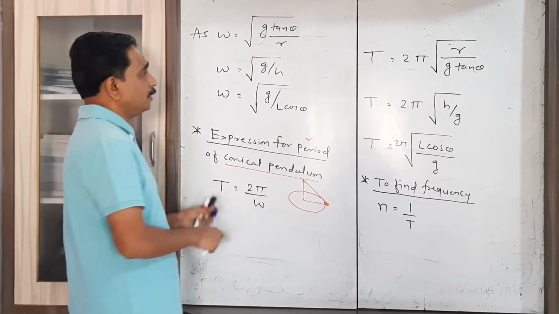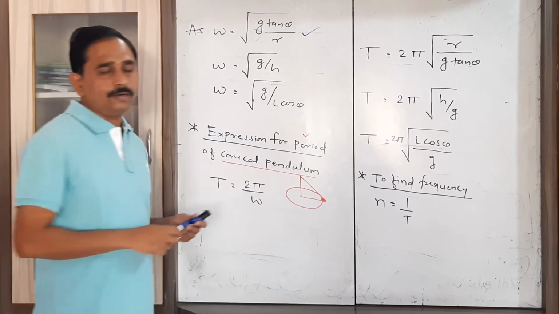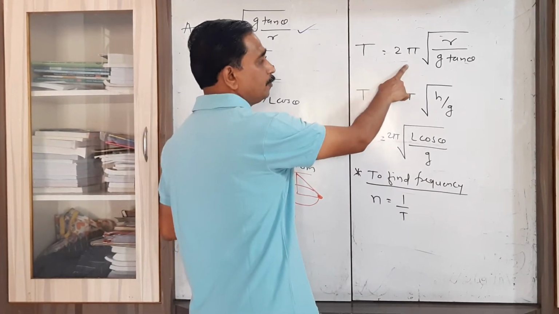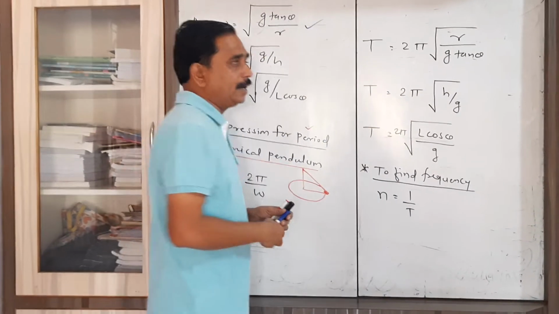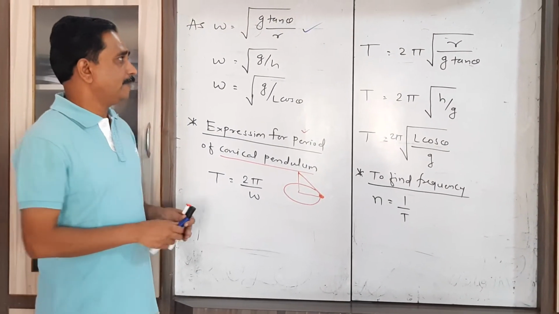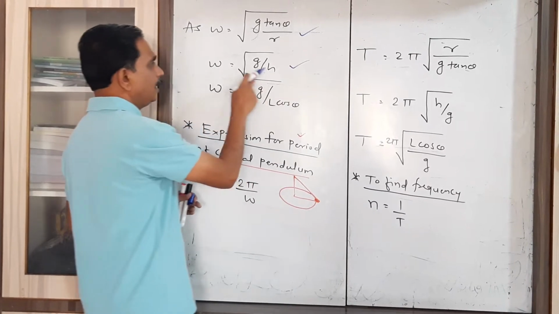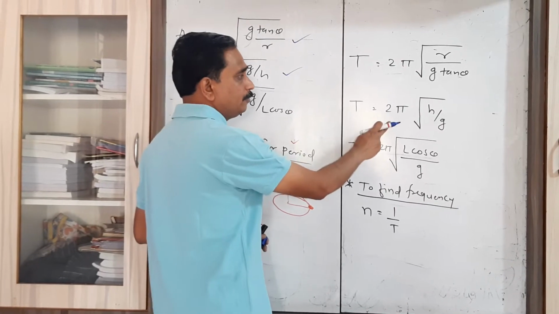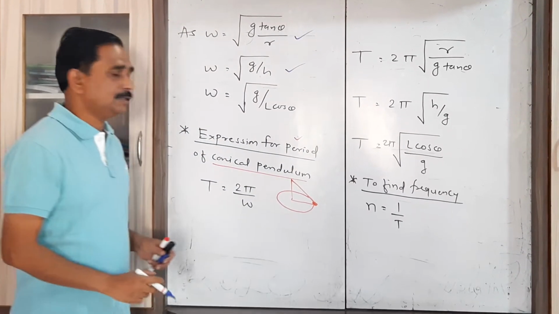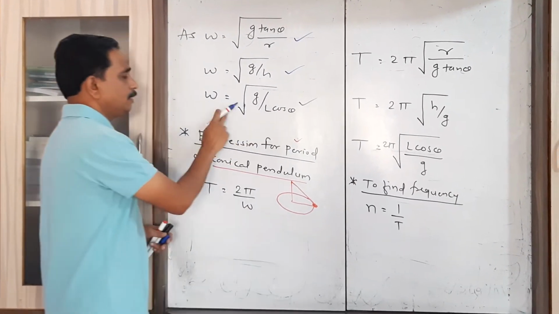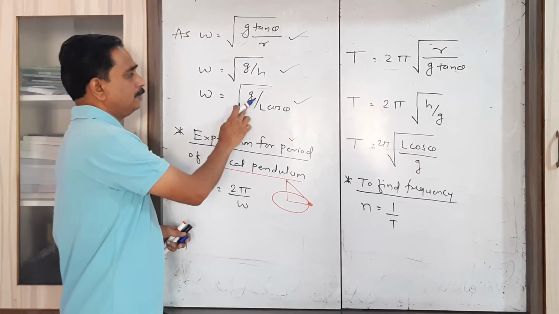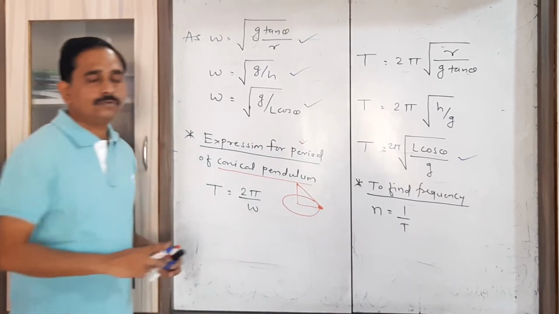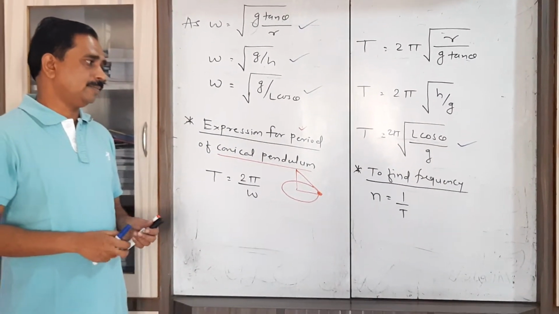If I put the first value, I get T equal to 2 pi under root of r upon g tan theta. If I put the second value, I have T equal to 2 pi under root of h by g. And if I put the third value, T equal to 2 pi under root of L cos theta upon g.